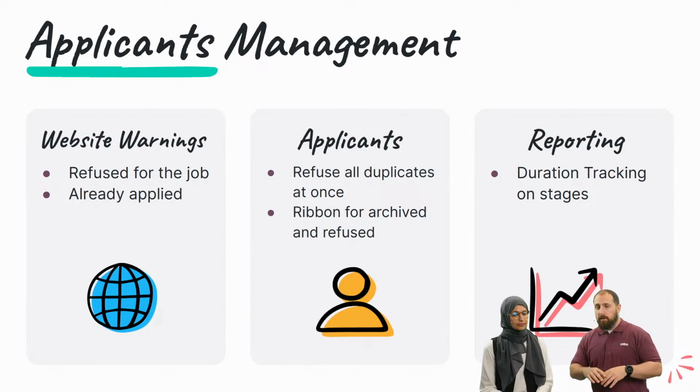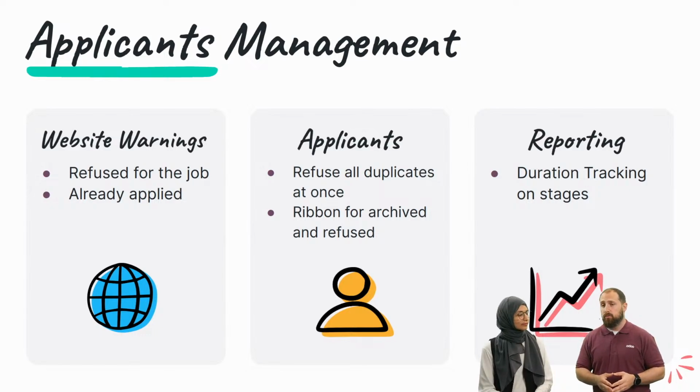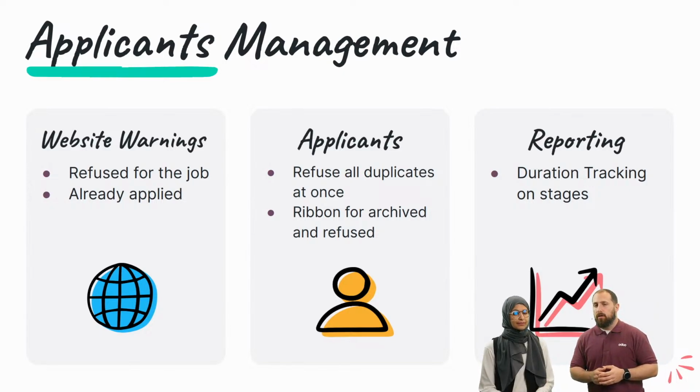Then on the applicant side within the recruitment application, we've also worked on the refusal of all these duplicates. So whereas before you could already identify that someone already applied to a job thanks to a smart button we will see later on, you could not refuse all these applications at once.